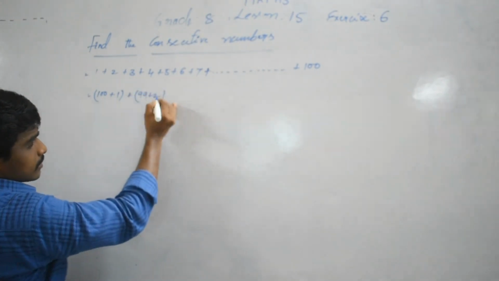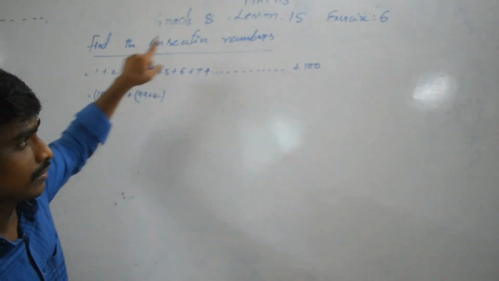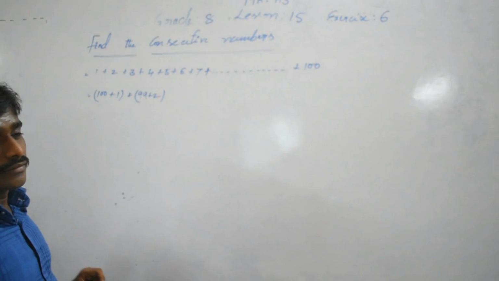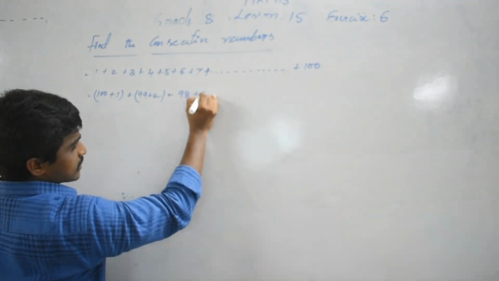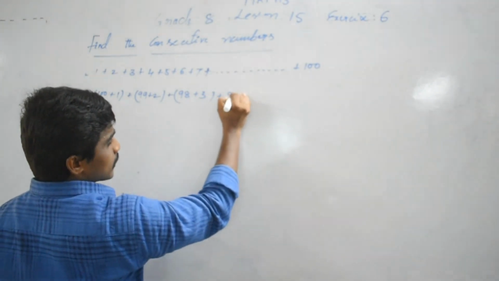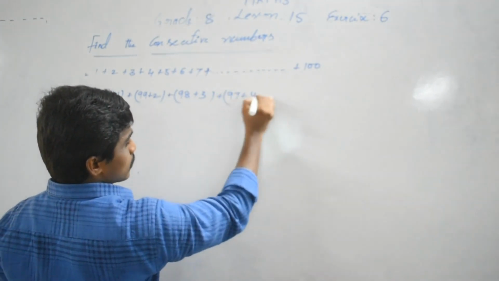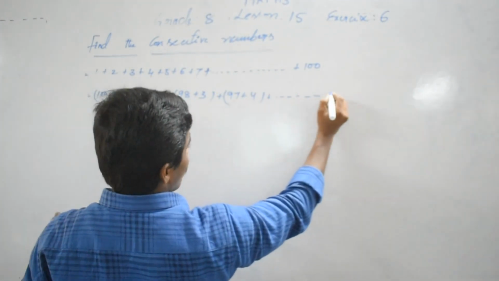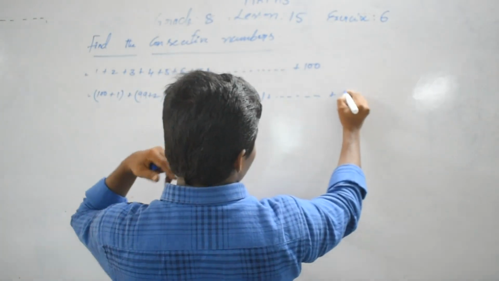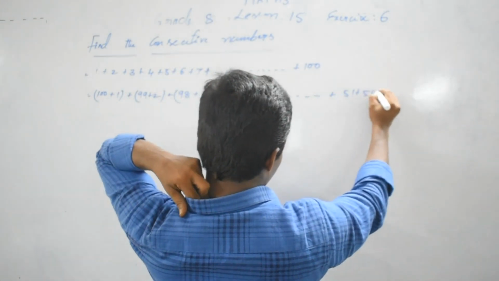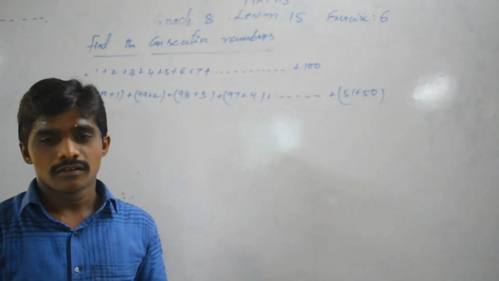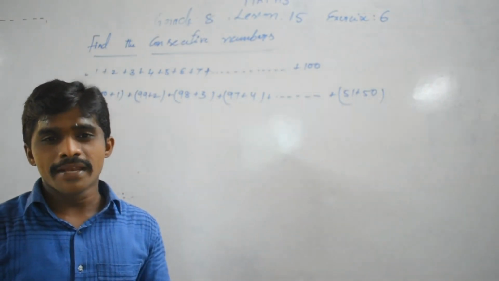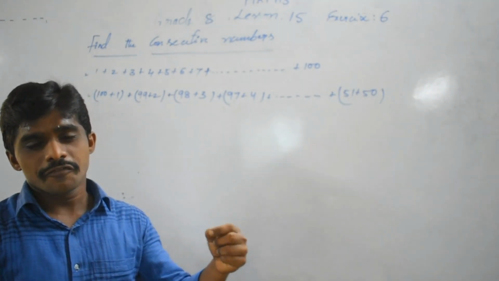Now you understand, here 2, 99, 100 before. Next one, 98 plus 3, 97 plus 4. This is how we do, and finally 51 plus 50. So how many pairs do we get in total? How many pairs? 50 pairs.